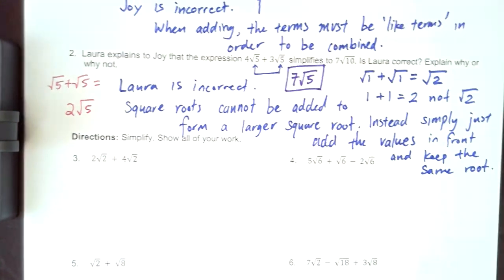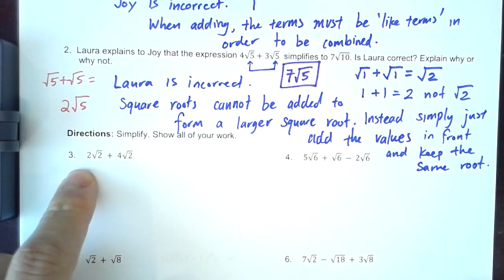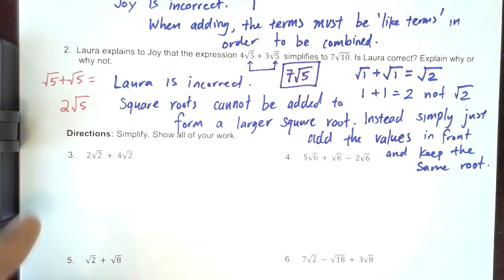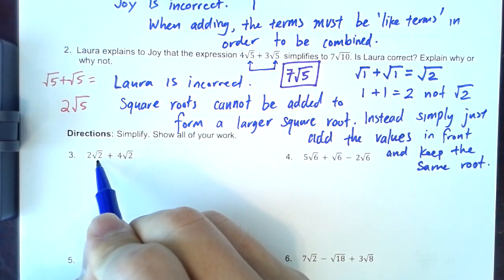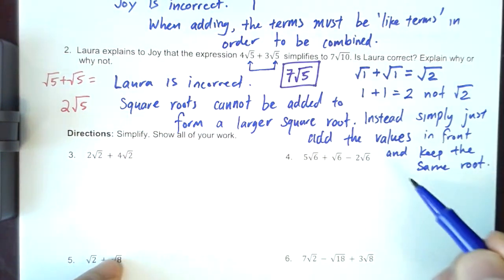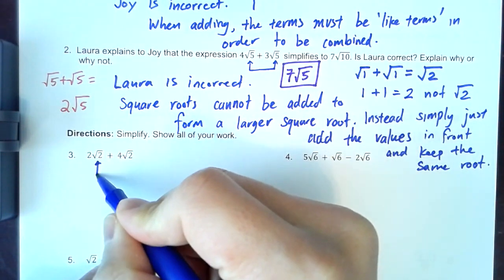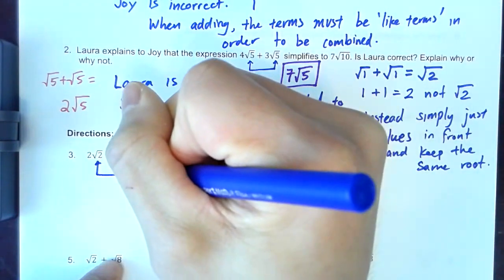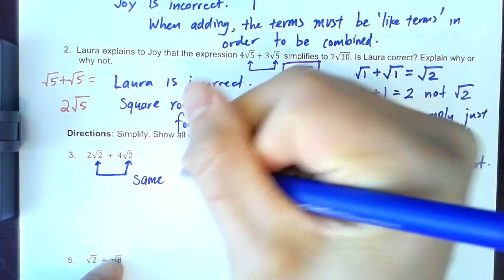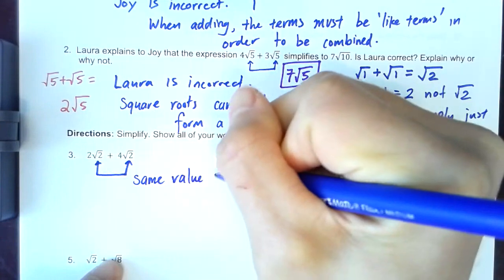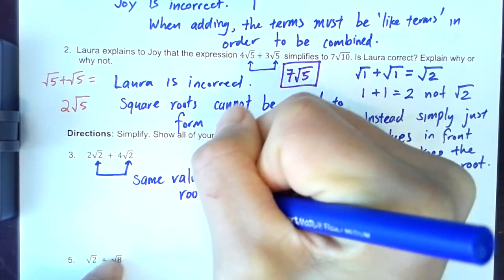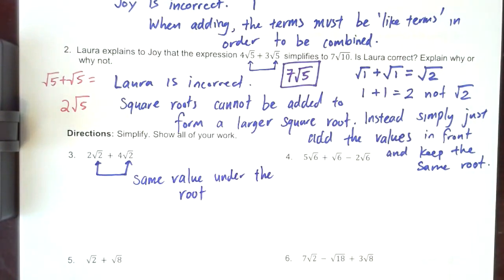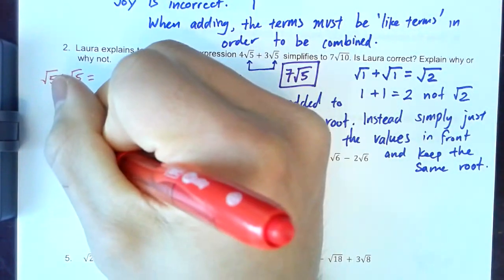Okay, so we're going to start off with some easy examples. Number 3, it says to simplify 2 square root of 2 plus 4 square root of 2. We have the same square root, so same value under the root, which allows us to then combine, I don't want to say coefficients, but we can combine these numbers in front, right?